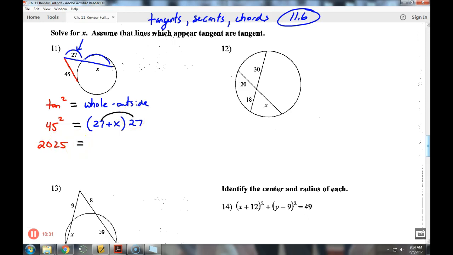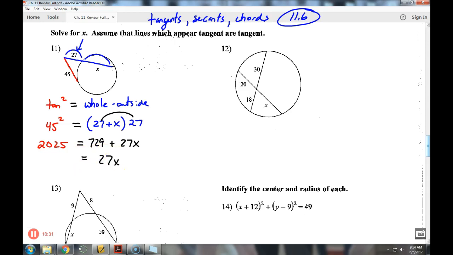27 times 27, I'm going to have to check my calculator here in a second for that. I don't know how to do that one. Let's see, 27 times itself was 729. And I'll do a little bit of algebra. I'll go 27x.